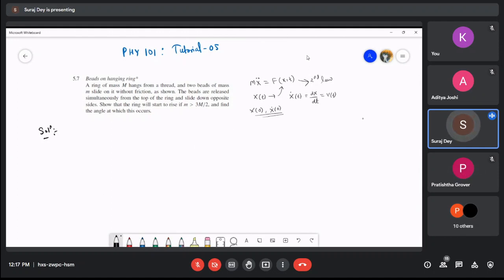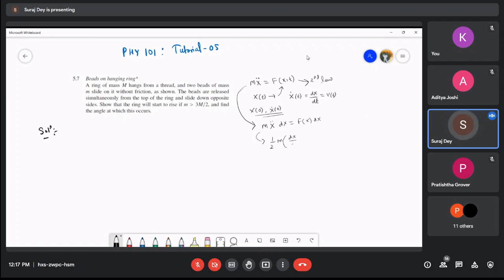Now, this is a second order differential equation, so in general it's going to be very difficult to solve. However, as Kunal has discussed, he started from this equation and multiplied both sides by dx. So f of x dx, and after you integrate this, you get the work-energy theorem.